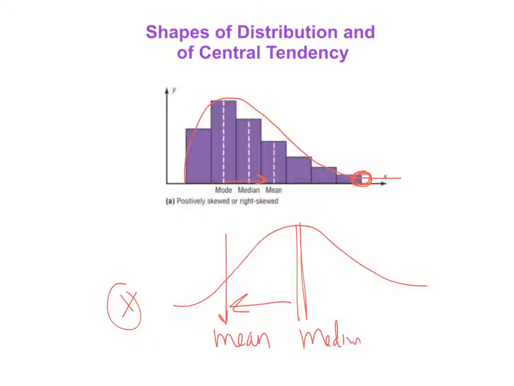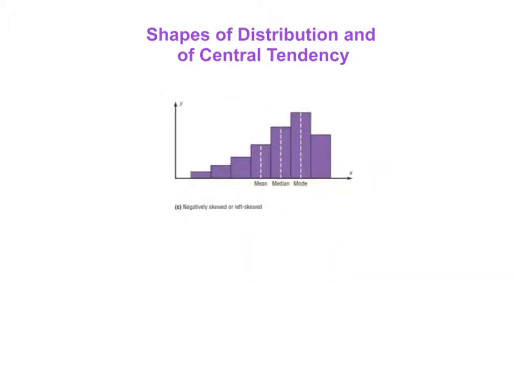The median might move down a little bit, and then the mode will stay the same. So if it's left skewed, the mean will be to the left of the mode. So negatively or left skewed has the mean left of the mode.